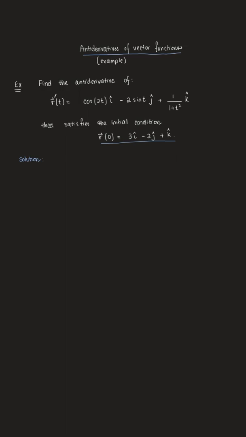We're going to start by finding the family of functions, r of t, whose derivative is given. So we'll first find the family, and that means we're going to take the indefinite integral.